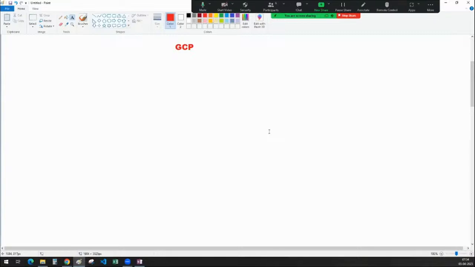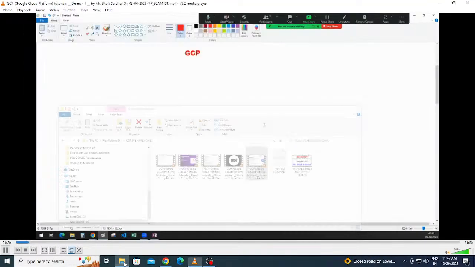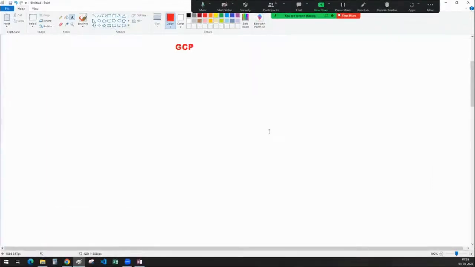Likewise, Google Cloud Platform is one of the leading cloud providers like AWS and Azure, and it also provides you cloud computing services. In terms of data engineering, you can look at the databases it provides, and also big data processing tools, and many others.